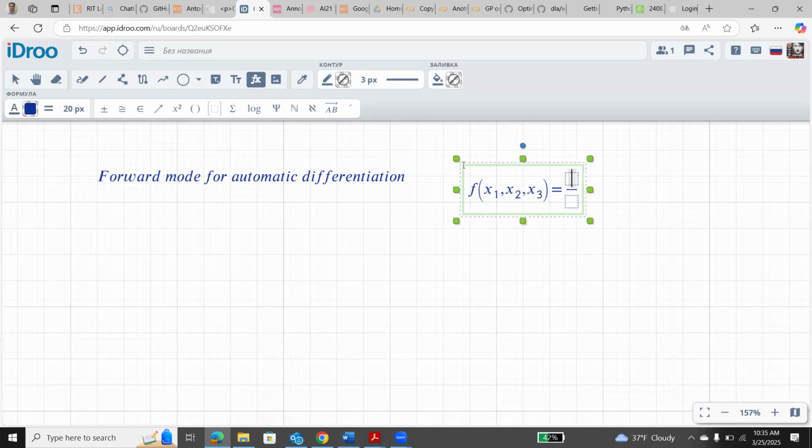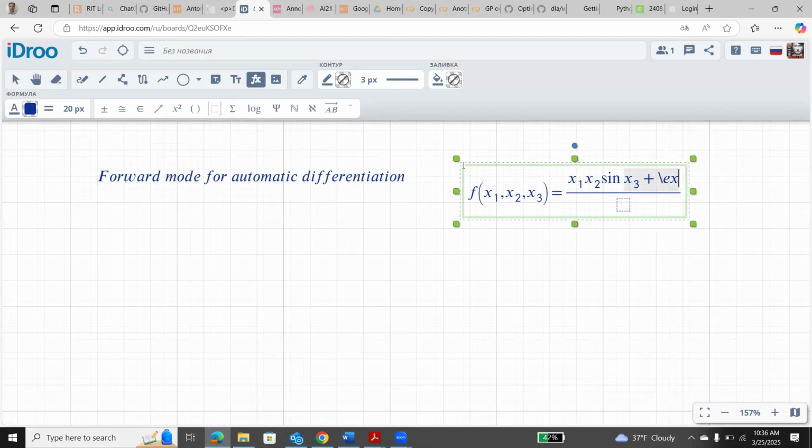So, for example, this function looks like this: x1, x2, sine of x3, plus exponent of x1 times x2, and everything divided by x3.